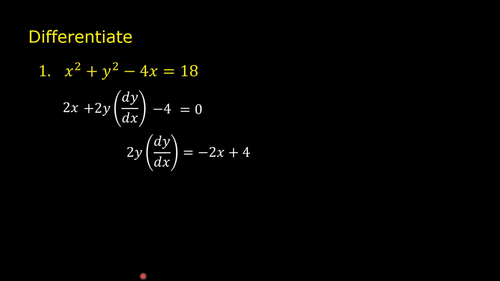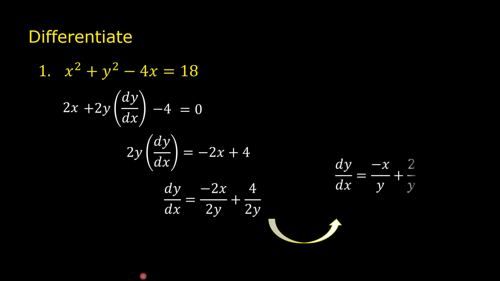So this is now equal to dy/dx is equal to negative 2x over 2y plus 4 over 2y. This is now equal to dy/dx is equal to negative x over y plus 2 over y.